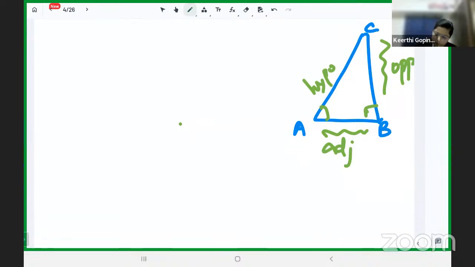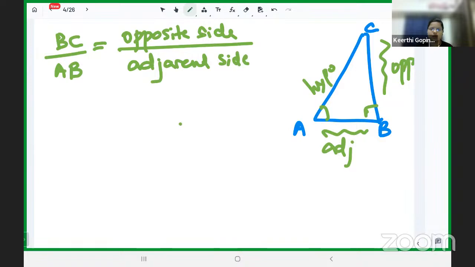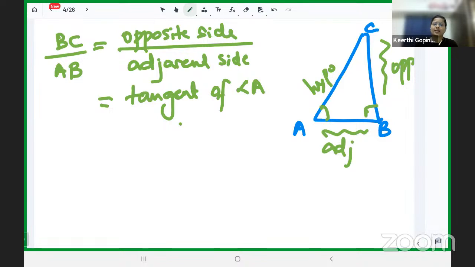So I'm going to take opposite by adjacent, BC by AB. That is the opposite side of angle A divided by the adjacent side of angle A. That is equal to tangent of angle A. So opposite side by adjacent side is nothing but tangent of angle A. Is that clear to you?